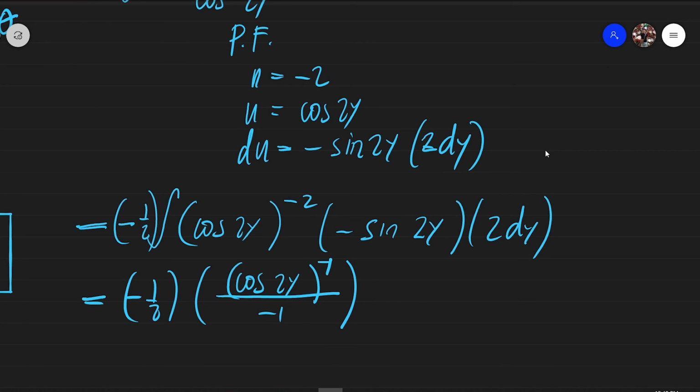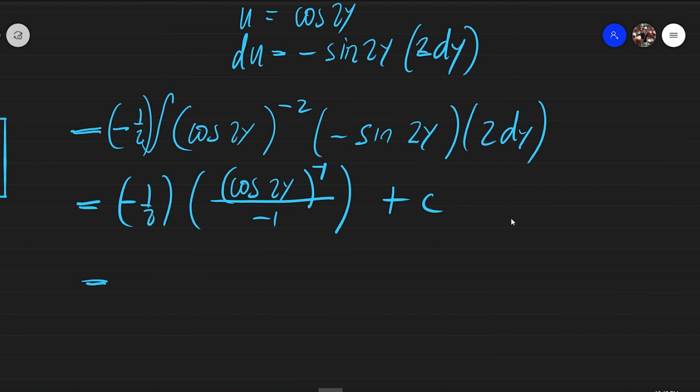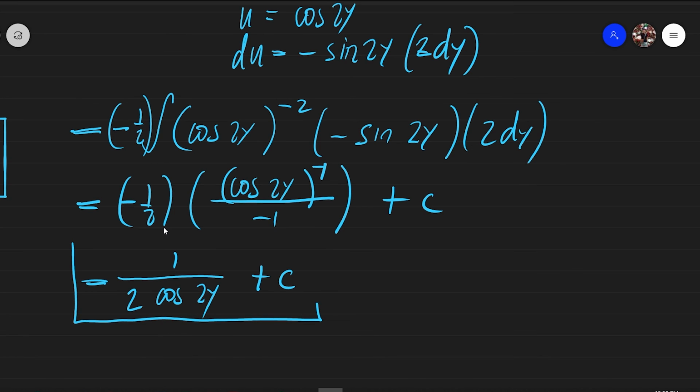Of course, plus the arbitrary constant. This will be negative times negative. Your negative here multiplied by this negative would be positive, so this will be 1 all over 2 cosine 2y, of course plus the arbitrary constant c. So this will now be our final answer.